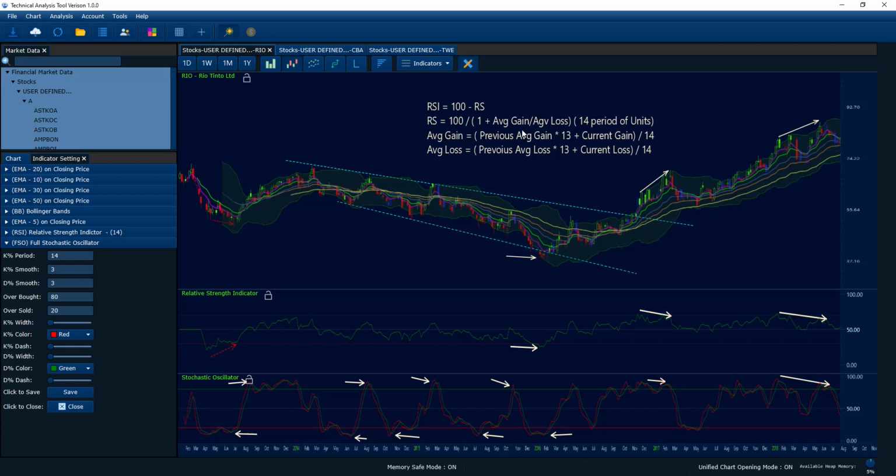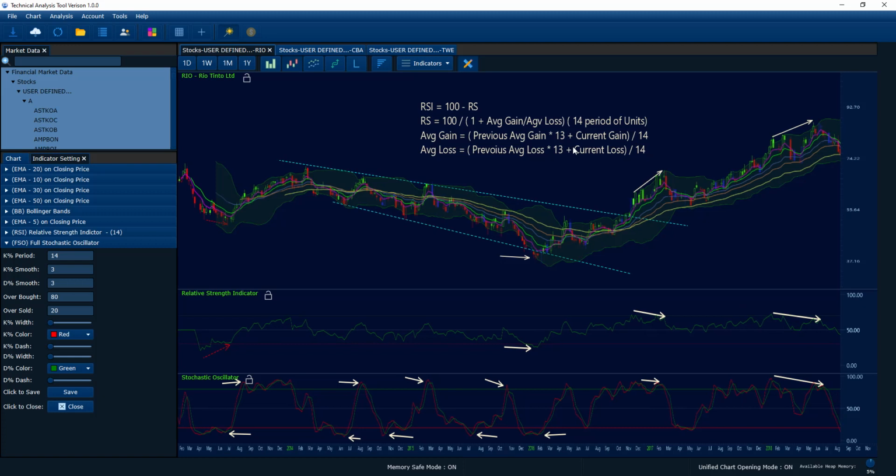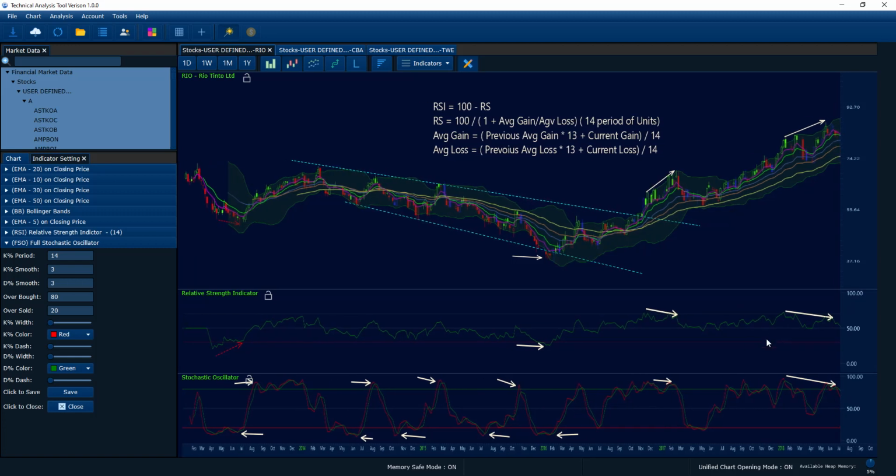So the average gain and loss calculation makes sure that when the average gain is bigger, you get a big number, and if the average loss is bigger, you get a lower number, approaching 0.